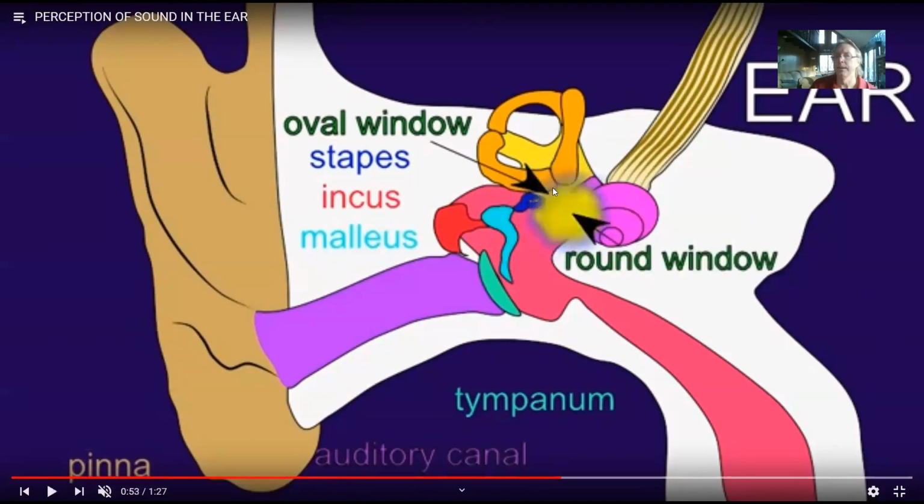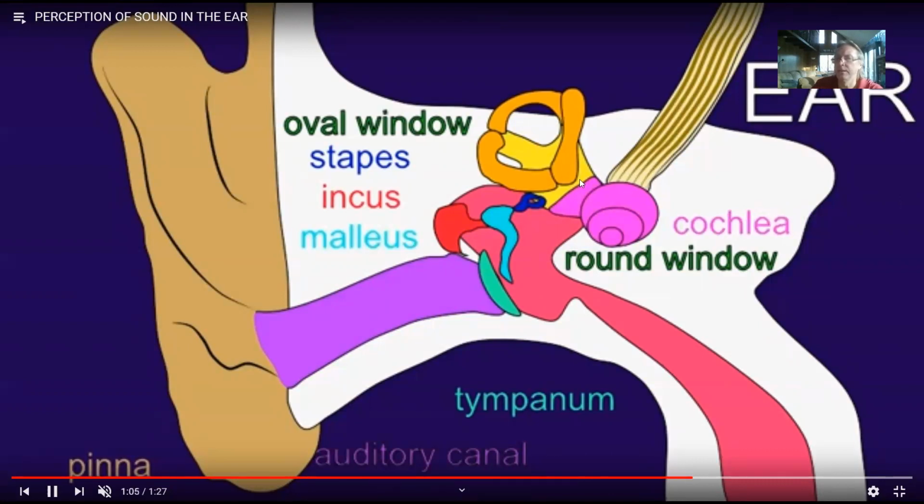Now, here in the vestibule, there's a little place that the stapes contacts, and it can push in, but obviously if you're pushing a fluid, it might bulge elsewhere, and so there's a round window next to it, so that when we push in fluid here, that will displace it, and then it will bulge outward on the round window.